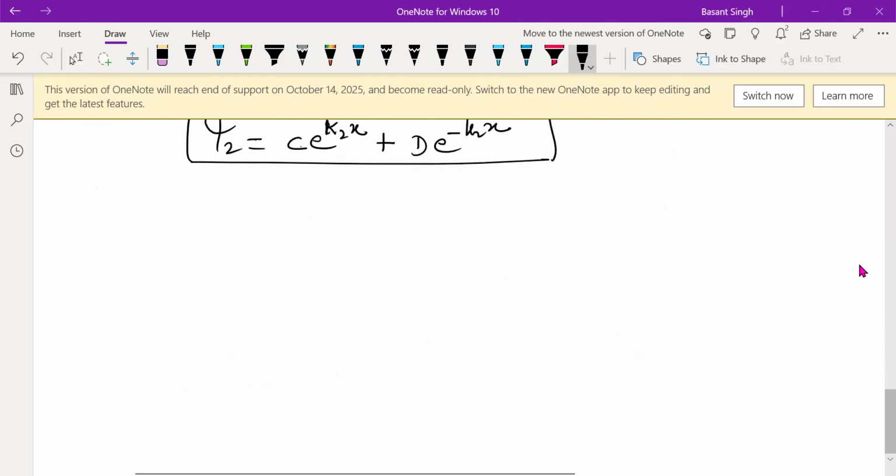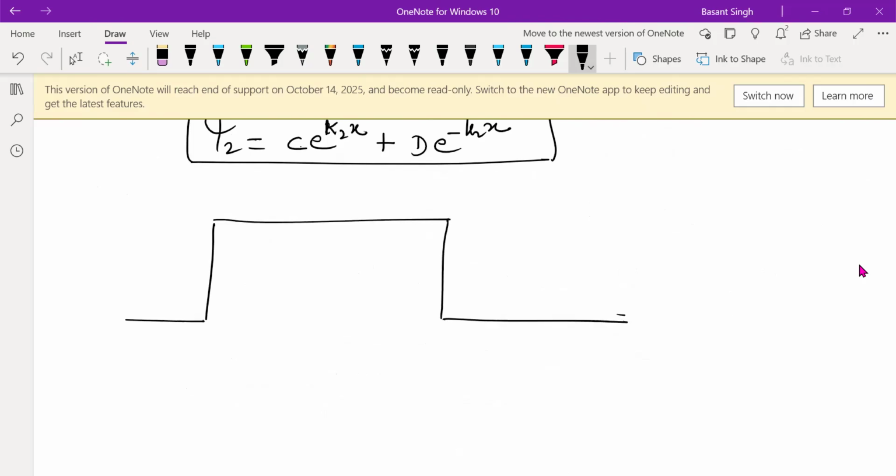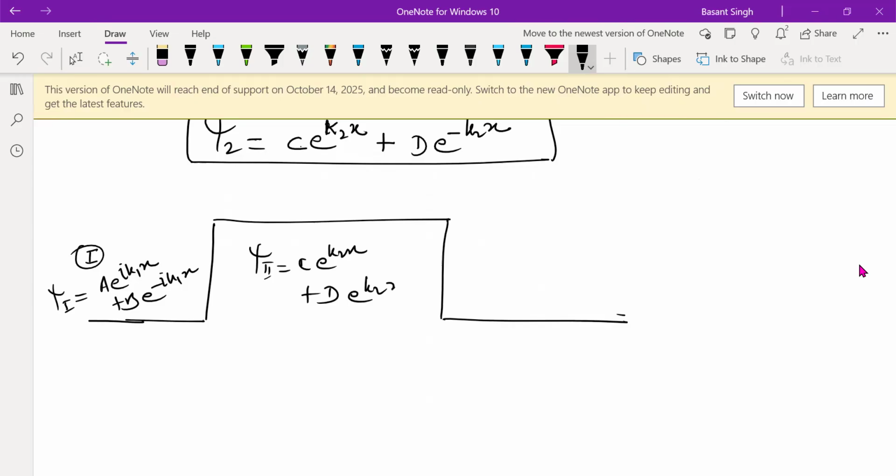Okay, up to this, we have seen that in the first region, the wave function is psi is equal to A e to the power i k1x plus B e to the power minus i k1x. That is in the first region. In the second region, the wave function is C e to the power k2x plus D e to the power minus k2x.